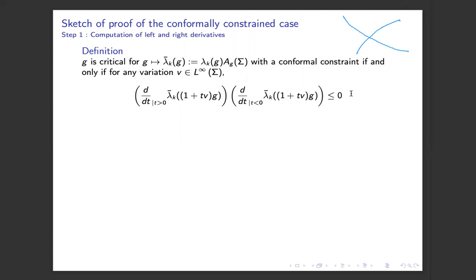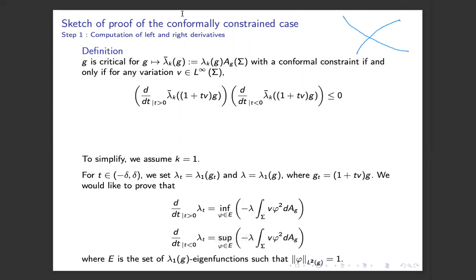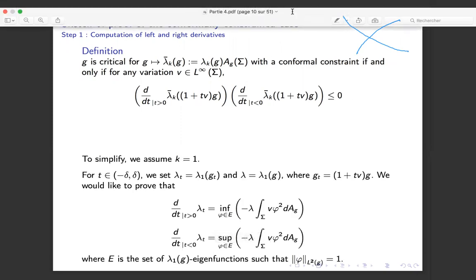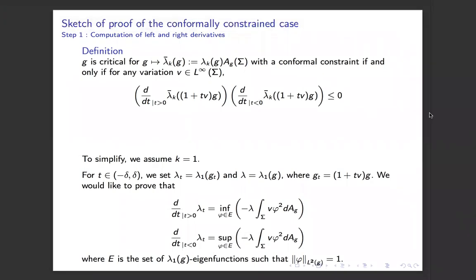So all we need is to compute the left derivative and the right derivative. To simplify, we compute it for the first eigenvalue, but for the other ones, it's the same technique.